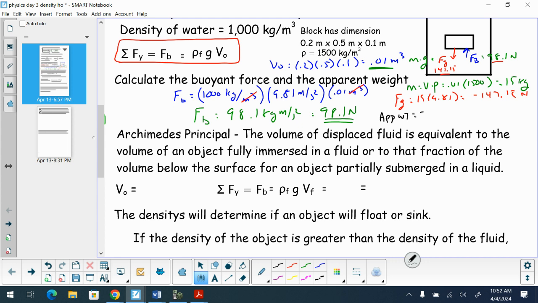So we have negative 147.15 plus the 98.1 newtons. Janae, what did we come up with? Negative 49.05.